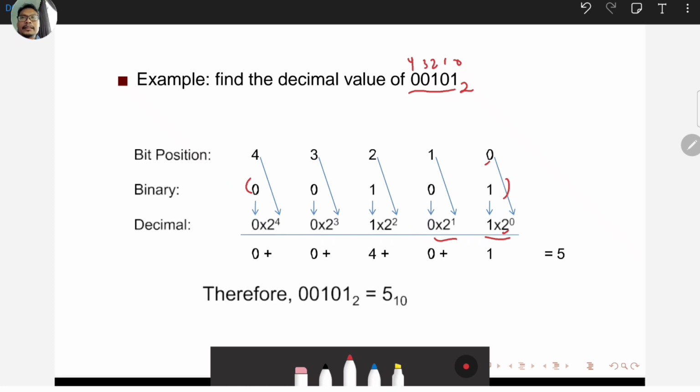For each position, we sum up the bit multiplied by the base to the power of the bit position, and the sum of all that will give you the decimal value 5 base 10.